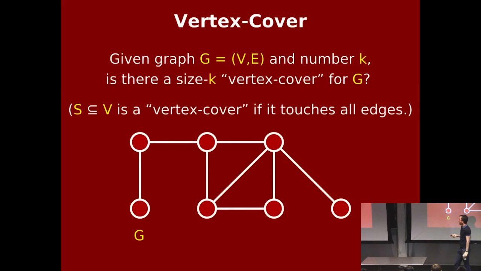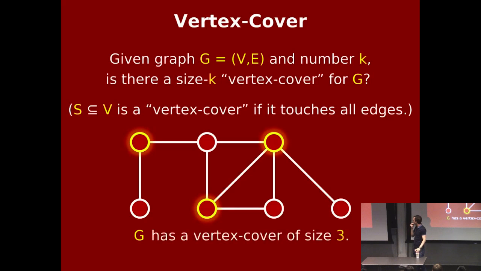Here's an example, maybe here's G, and let's figure out the smallest vertex cover in this graph. Here I highlighted 3 vertices, these yellow ones. If that's our set S, then that's a valid vertex cover, an acceptable solution, because if you check, every single one of these white edges touches at least one yellow vertex. So the size of this vertex cover is 3.